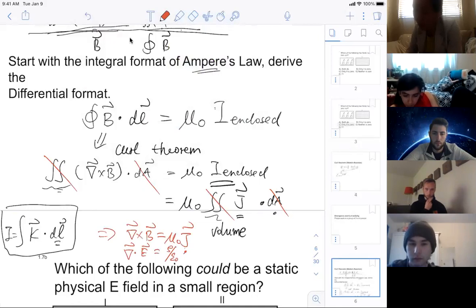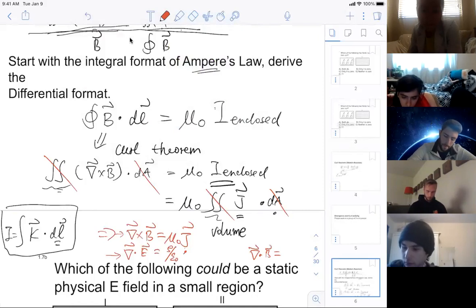So there we go. This is Gauss's law. We have our Ampere's law. These are two of the Maxwell equations, and there are two other ones. The divergence of B is equal to what? 0. And why would that be?